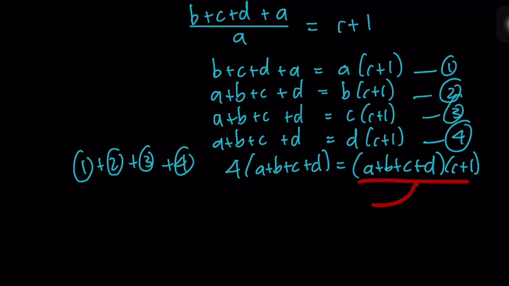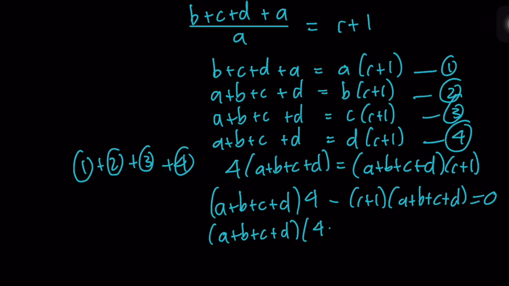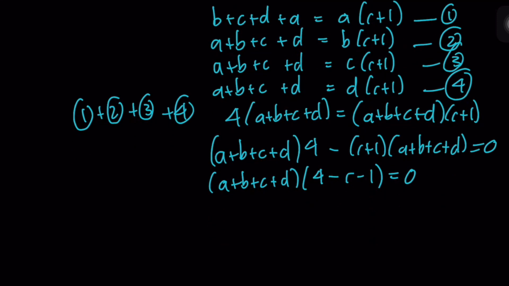We bring this over to one side, we will get (a plus b plus c plus d) times 4 minus (r plus 1)(a plus b plus c plus d) equals 0. We can factorize out the a plus b plus c plus d. We'll have (a plus b plus c plus d) times (4 minus r minus 1) equals 0. And this is (a plus b plus c plus d) times (3 minus r) equals 0.